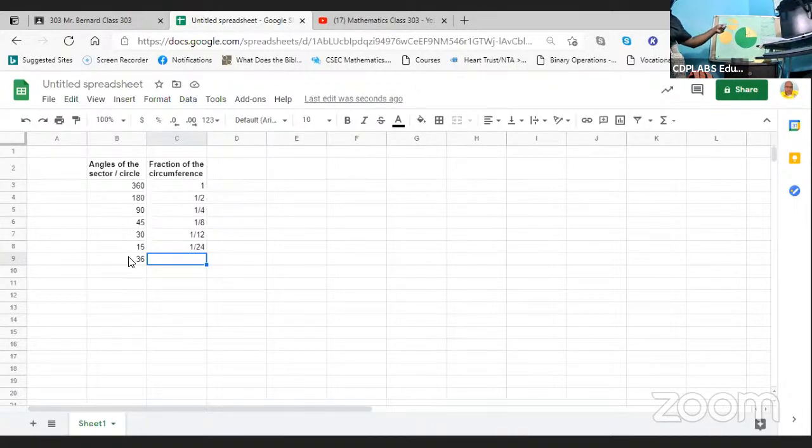What fraction of the circumference would that be? Any ideas? Any answers yet?